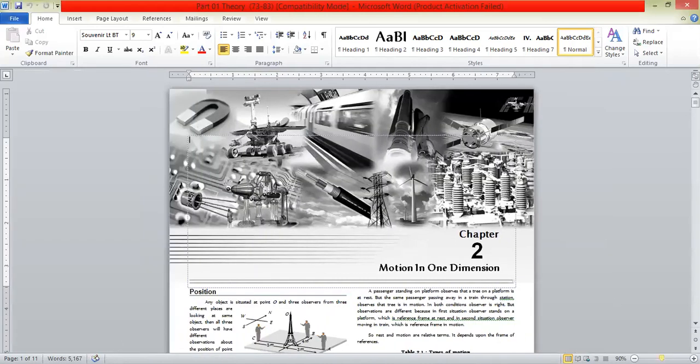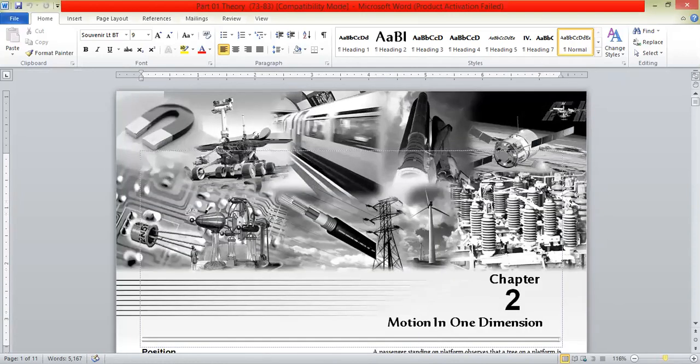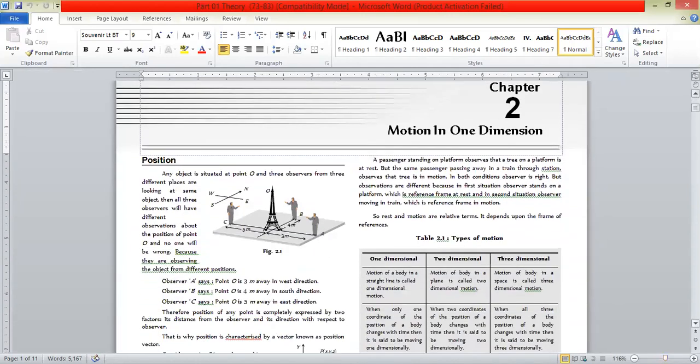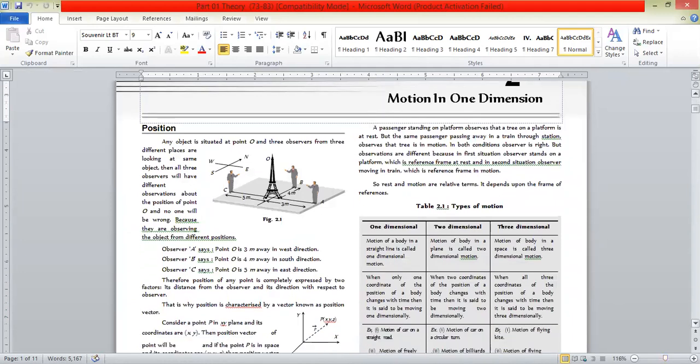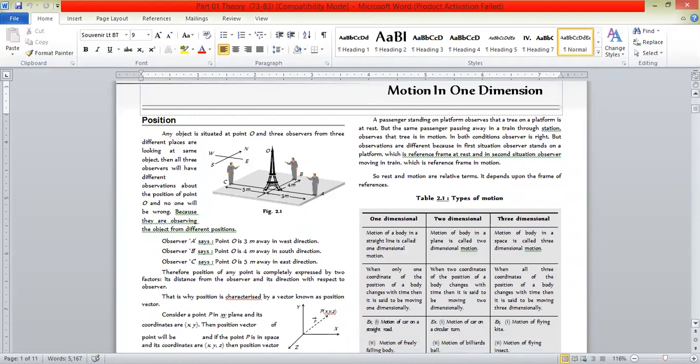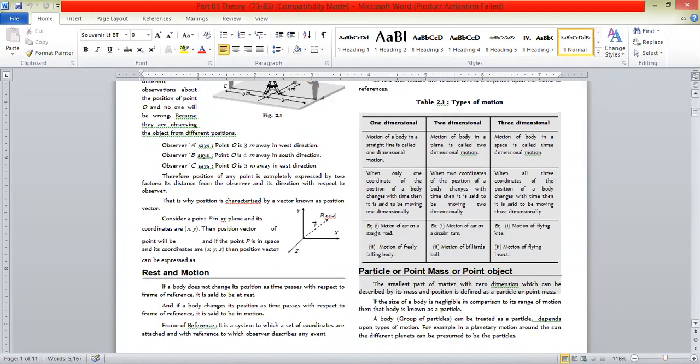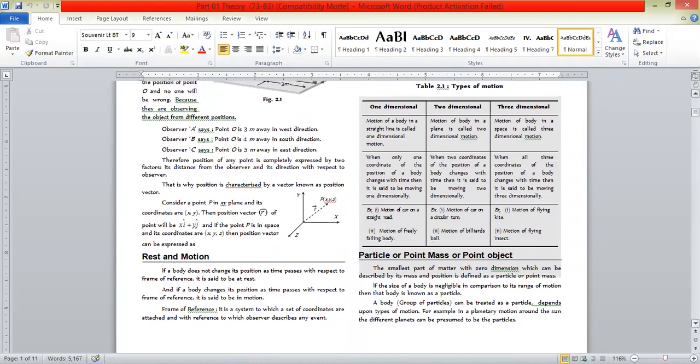Can you see this document? Yes, sir, I can see. One minute. We have every point. I'll share this document.